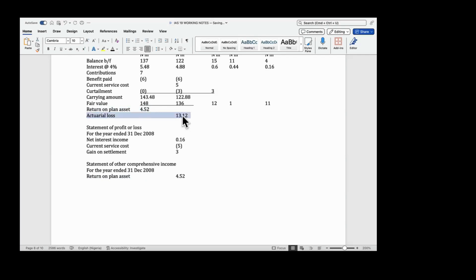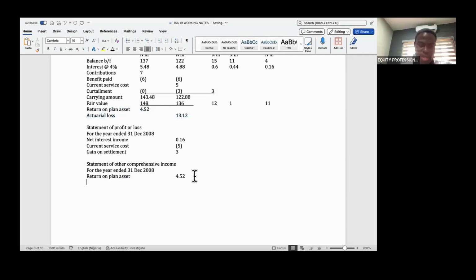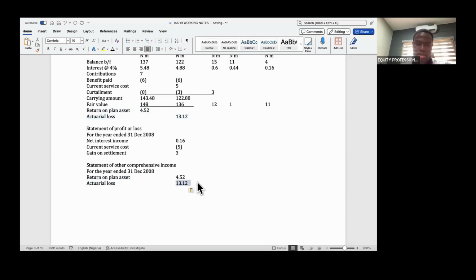I will have my actuarial loss of 13.12. Loss will be in brackets since it's a loss. And I will have my ceiling adjustment of 1, a loss also because my assets decreased to 11.